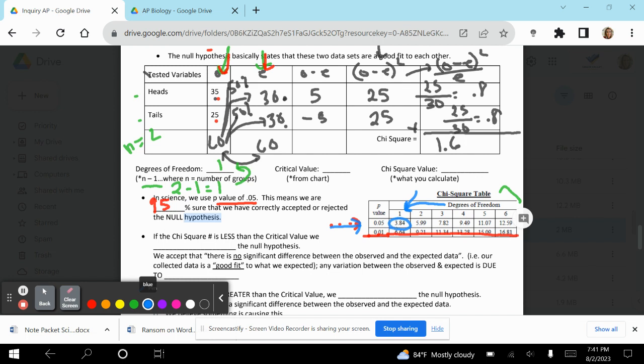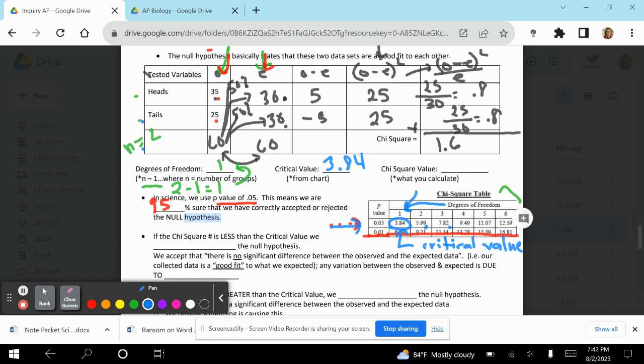These numbers, like 3.84, 5.99, 7.82, are called the critical values. So if I ask you to determine the critical value, for this experiment it's 3.84. If you do a different experiment with 3 categories listed here, you'll find your critical value is 5.99, and so on.